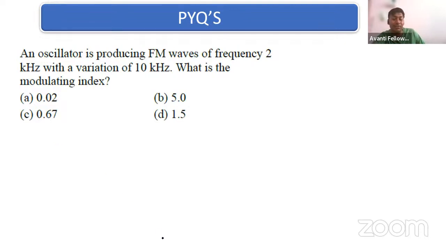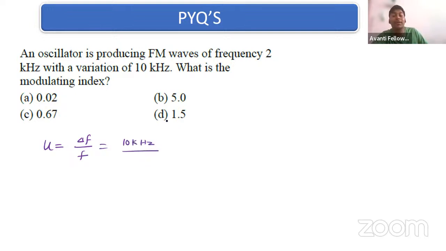Which formula do we need to use, frequency or amplitude modulation? Okay, very good, awesome. You are taking the class very attentively, that is good. Now see here. The modulation index in terms of frequency is delta f over f, where f is the given frequency, the applied carrier wave frequency.